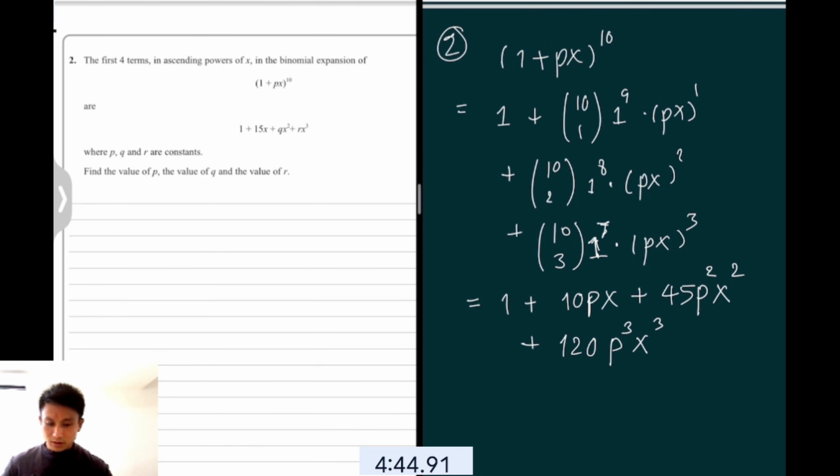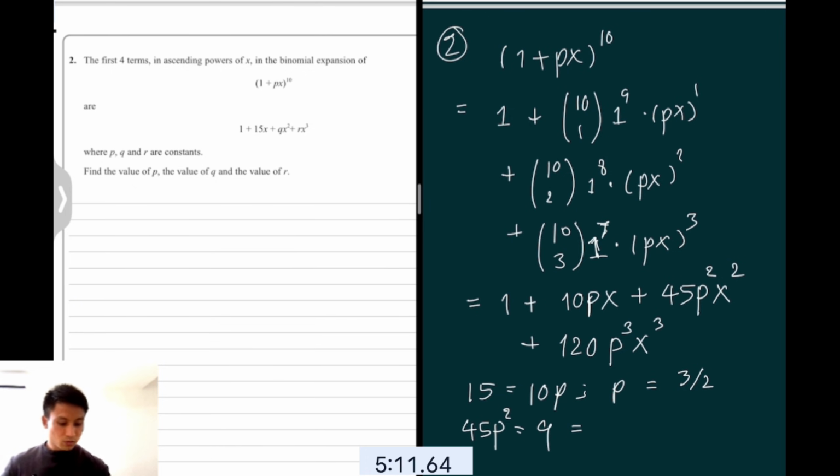Now we just compare the coefficients. We see that 15 equals 10p, so p should be 15 over 10, which is 3 over 2. And then we compare the third term, 45p squared, which equals q.